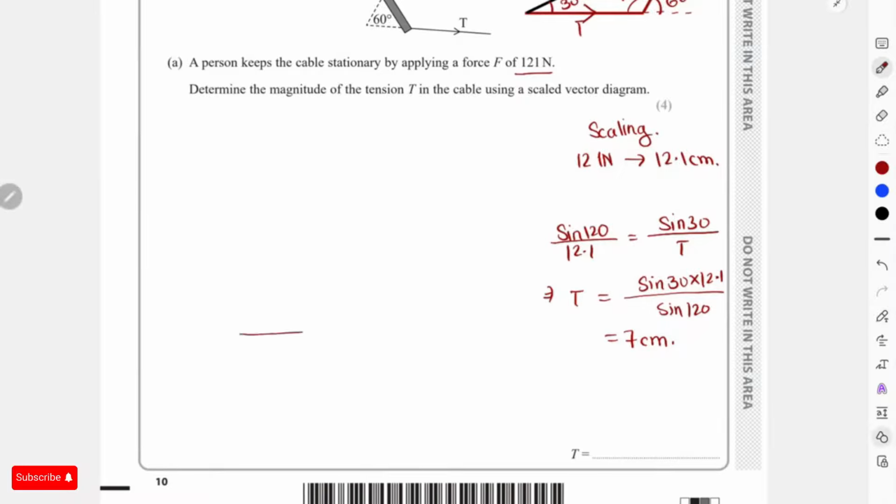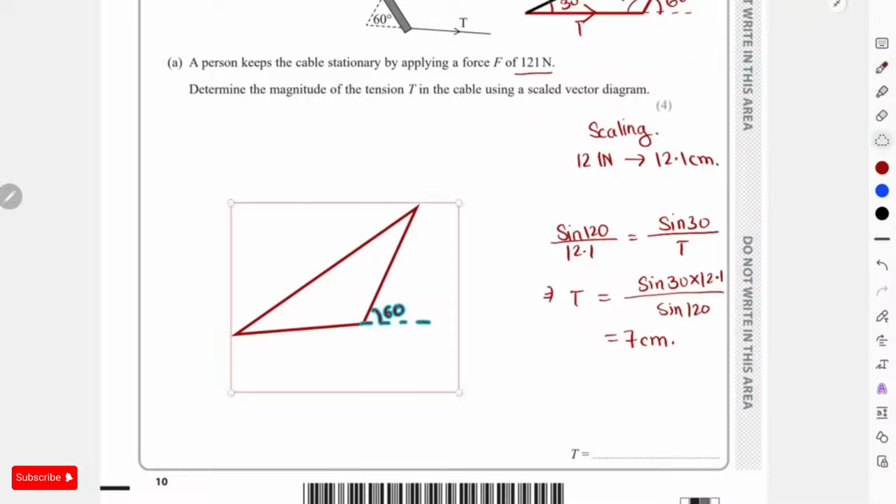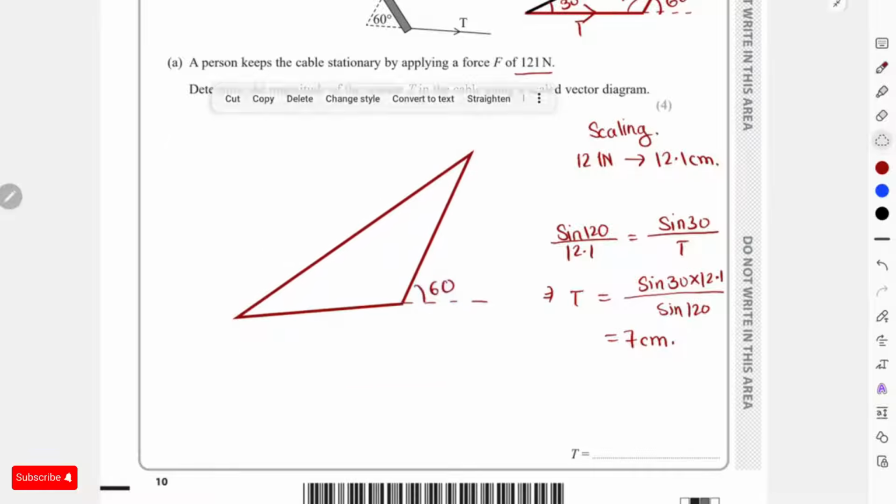You're supposed to draw a vector diagram, which I already drew over there, just a similar drawing. I'll extend this line and draw 60 degrees in this case. I'll enlarge it a little bit, and the lengths should be exactly equal to those used: 12.1 centimeters, 7 centimeters, and so on. You have 7 centimeters over here, 7 centimeters exactly over here, and this angle would be 120 degrees.